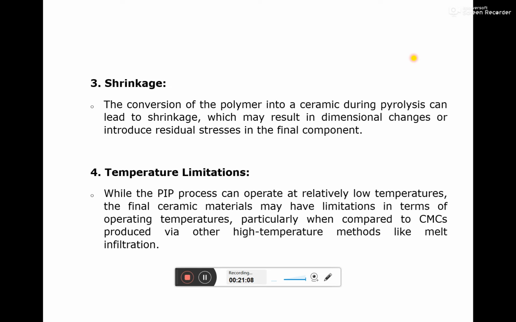During pyrolysis, the polymer precursors will be decomposed, and it will develop SiC or other ceramic matrix within the local region. That is how polymer infiltration and pyrolysis is going to work. This process is only suited for certain materials due to the temperature limitations.